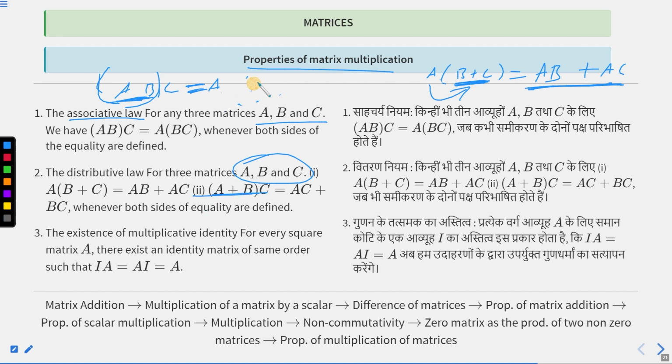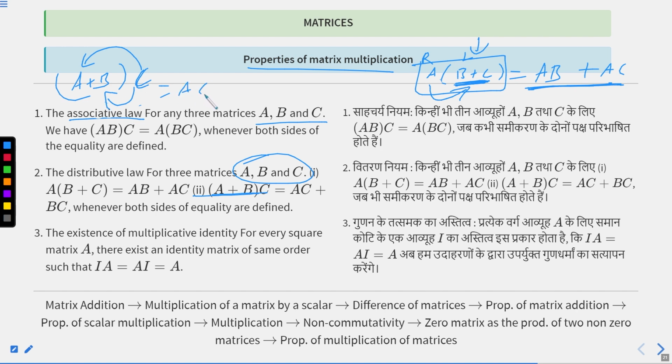Now the second part, what does it say? Quite simple. The second part says that here you are adding on the left, this is my right, this is my left. If the addition is done in this way, can we do the distribution? Yes, we can indeed. C is multiplied with A to the right and with B also to the right.